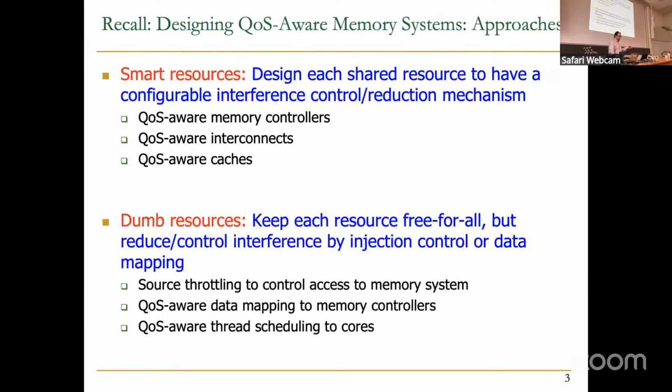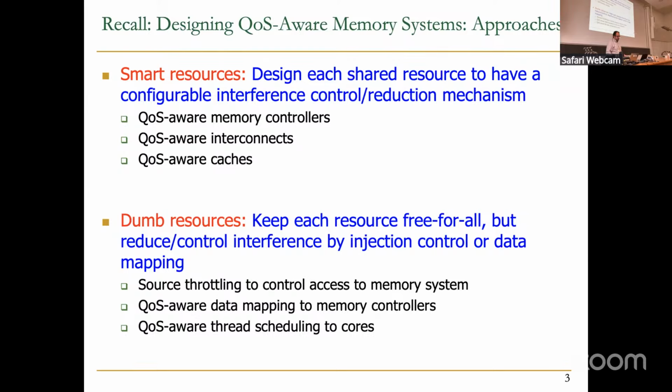But at the same time, there is another way of handling it, which we categorize as dumb resources, where we don't necessarily make each resource intelligent, but we try to reduce the load by using other techniques at a higher level. We discussed techniques like source throttling, which we're also going to see today specifically.